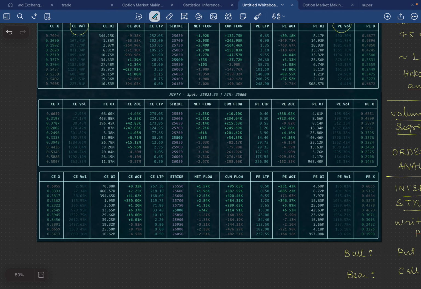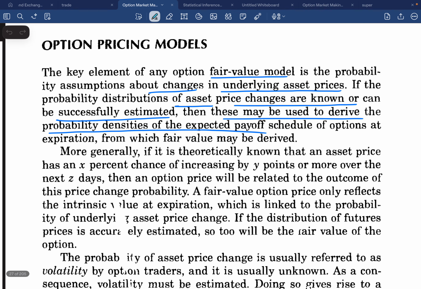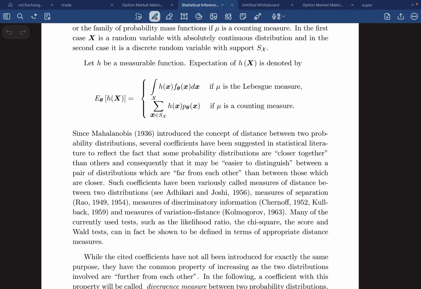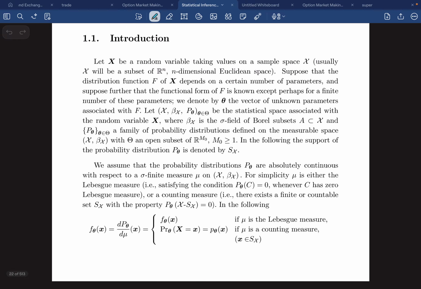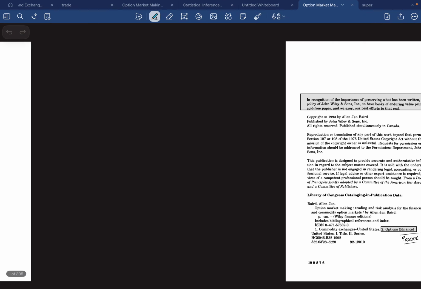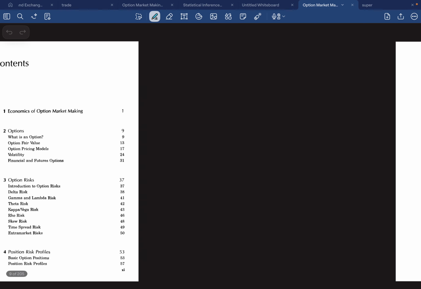Let me explain something. These are some models I studied in detail, and some statistical tools I implemented over those 11 months. These are all great books.